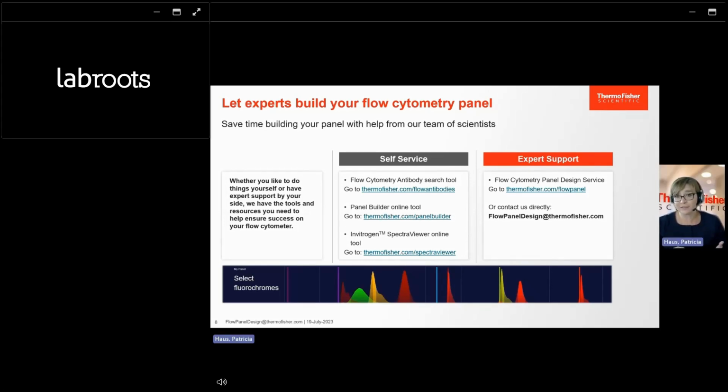What we are seeing is that there is actually a trend that it is becoming more and more complicated. It can easily go up to 20 colors, and if you're considering doing spectral flow, it can even go up to 40 colors.